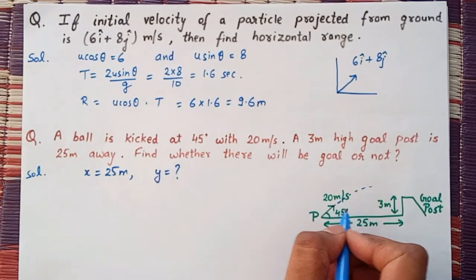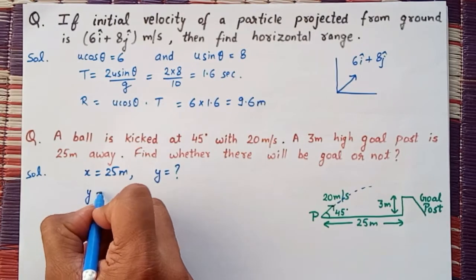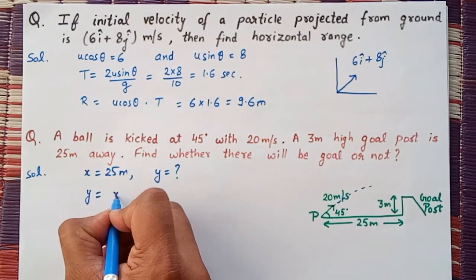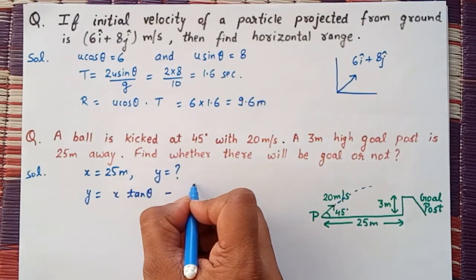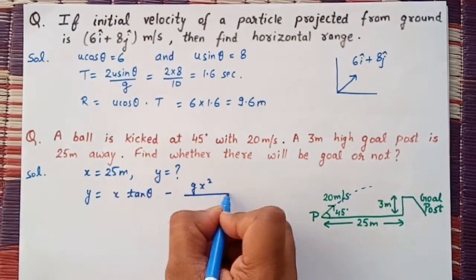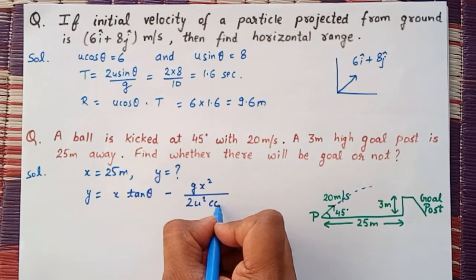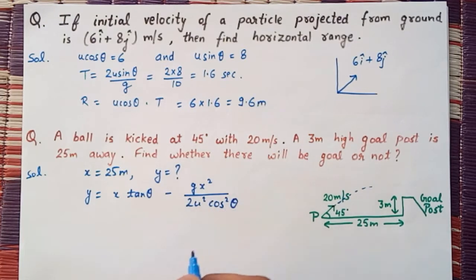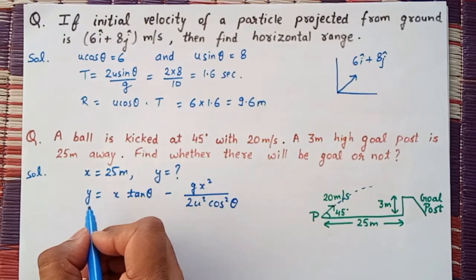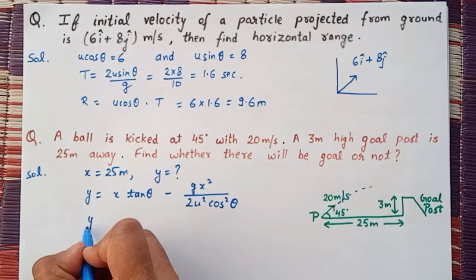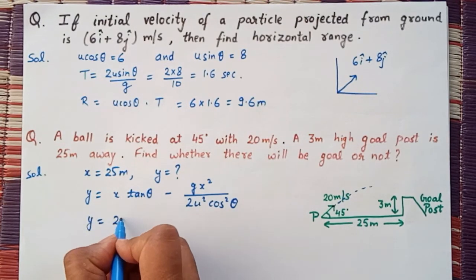So it is the question for the angular projection, and we know that for the angular projection, y equals x tan theta minus g x square upon 2u square cos square theta. This is the equation of trajectory. So we have to find the value of y. What is x? It is 25.